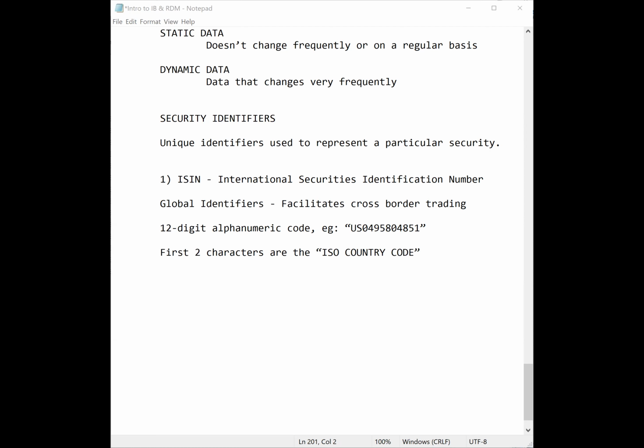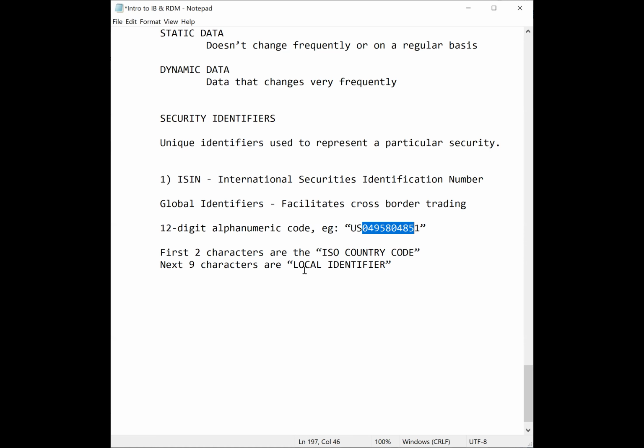The next 9 characters are local identifiers. What does it mean? These 9 characters are locally created by the US agency. There will be a numbering agency, which we call the National Numbering Agency.